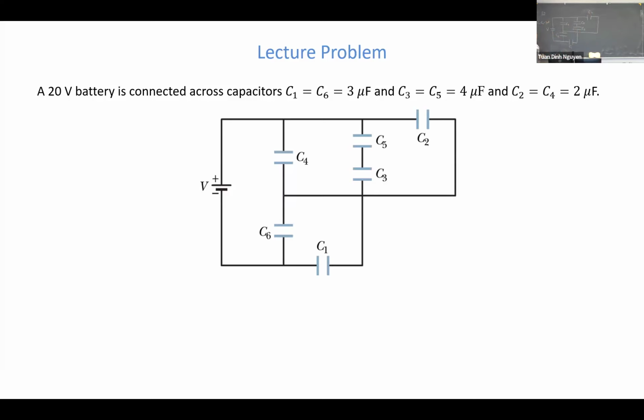By the way, if you're trying to find capacitance and such, don't worry about writing a 10 to the minus 6 inside. Just keep it micro. C3 equals C5 equals 4 microfarads, and then C2 equals C4 equals 2 microfarads.